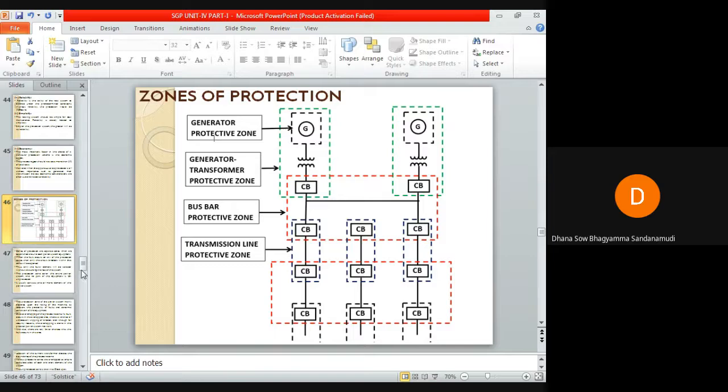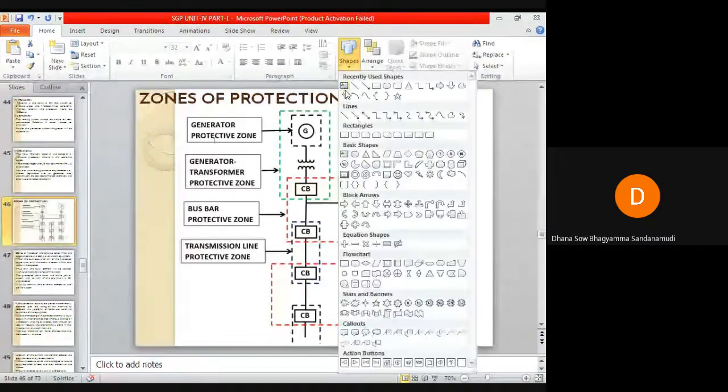All these protection zones will be overlapping with each other to ensure complete safety of each and every element of the system. If any zone within the power system is left unprotected, then that zone you will call a dead spot.